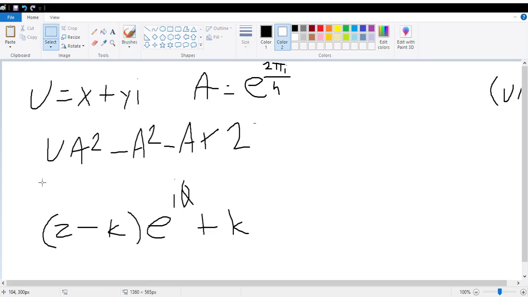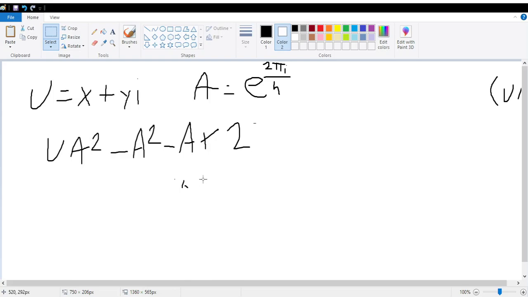So you can see some kind of pattern here, because if you apply the transformations R sub 1, R sub 2, all the way up to R sub k, you obtain that the new point should equal u times a to the k, minus a to the k, minus a to the k minus 1, all the way down to minus a, plus k. And this can easily be proven by some straightforward induction.